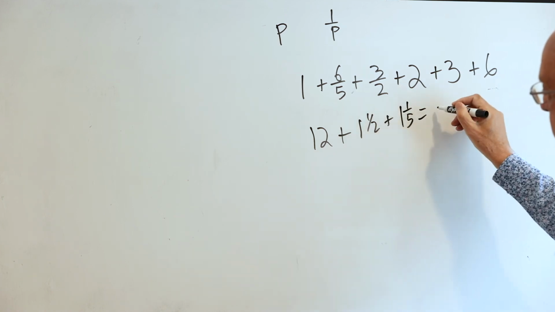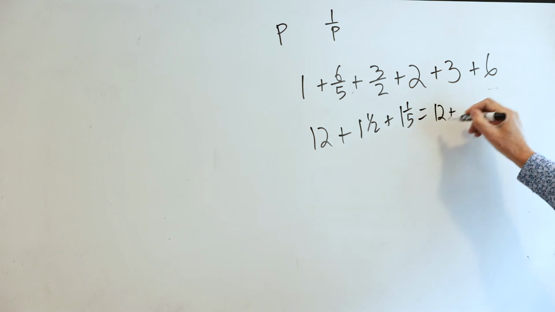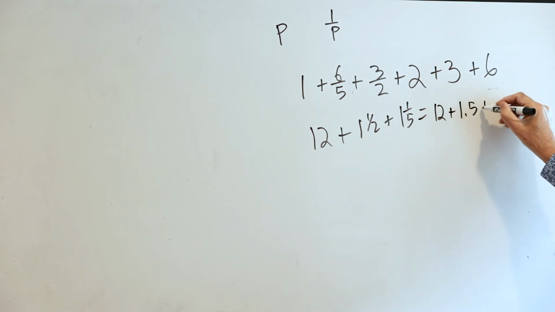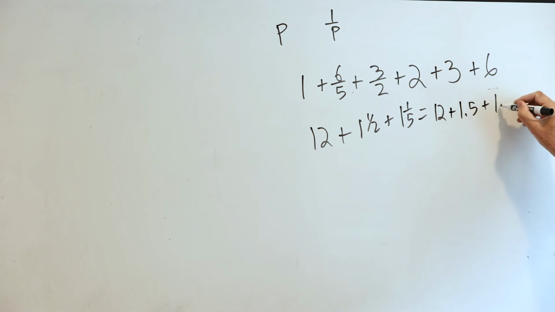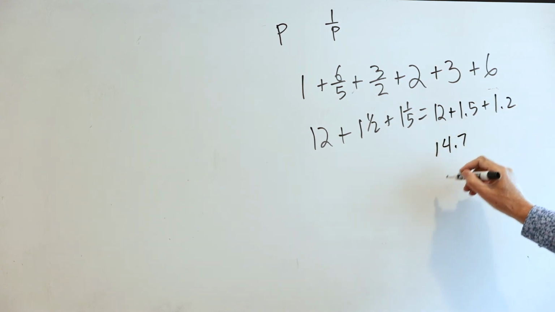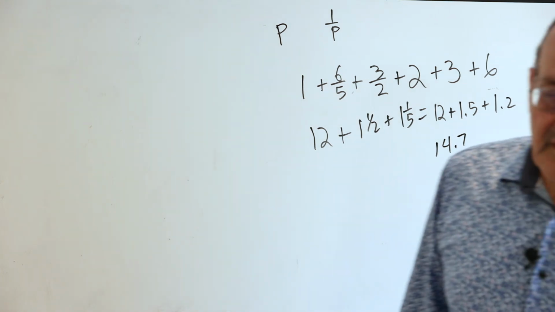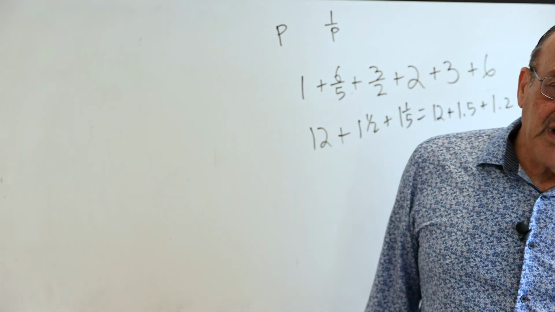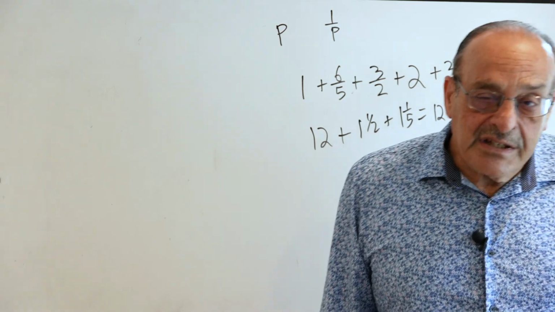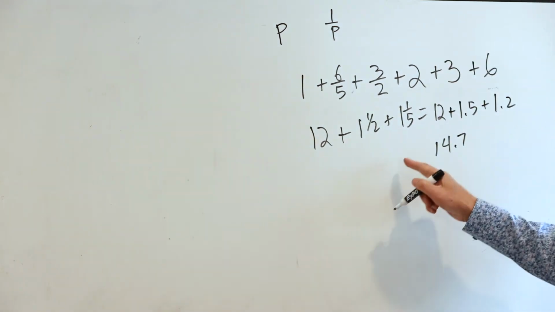So changing to decimals, this is 12 plus 1.5 plus 1.2. So that adds up to 14.7. So the expected value for the Crackerjack problem is you would have to buy 14.7 boxes of Crackerjacks on average before you get all 6 prizes.